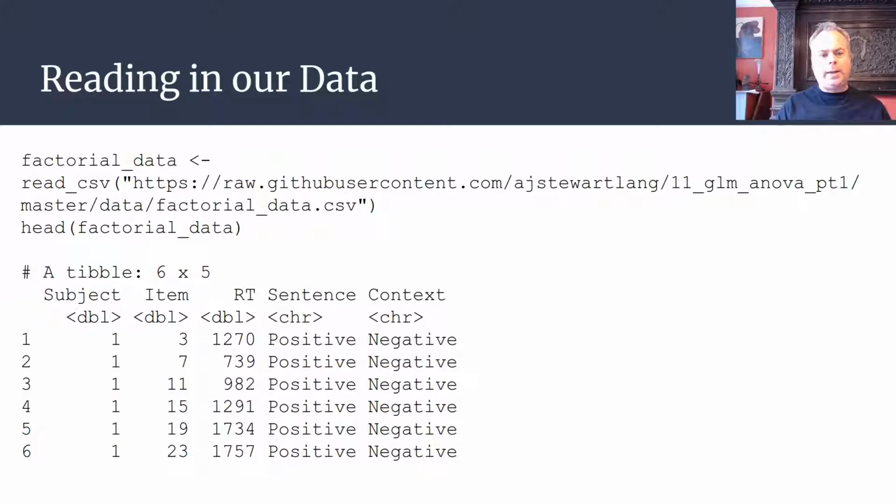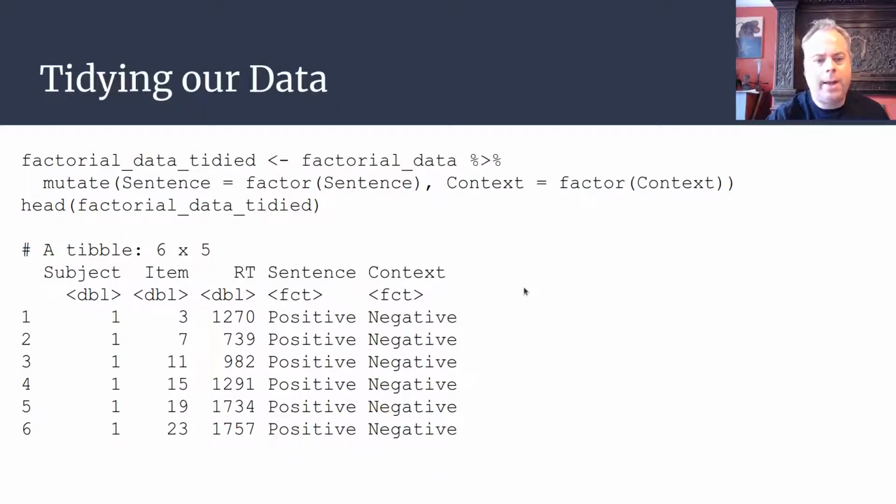So we're going to read in our data and we're going to inspect the data that we read in. And again, we see we've got two variables corresponding to our two experimental factors, but they're not yet correctly coded as factors in our data frame in R. So we're going to use mutate again to basically convert both our sentence and context variable columns to factors.